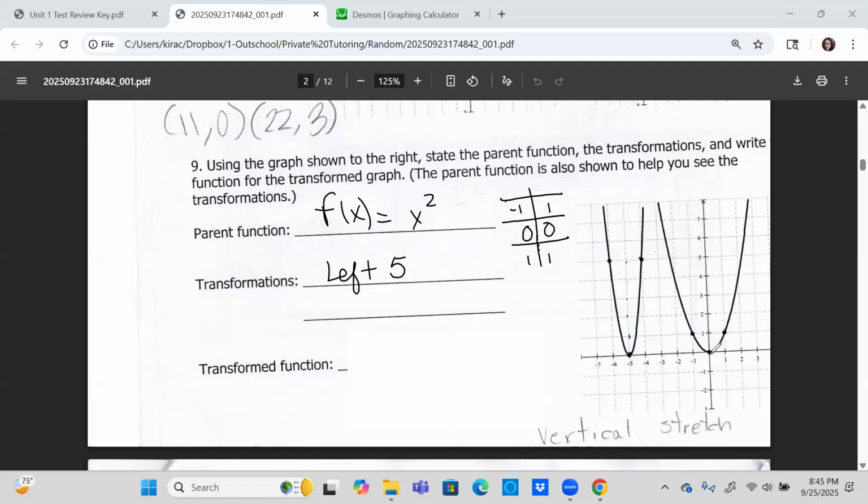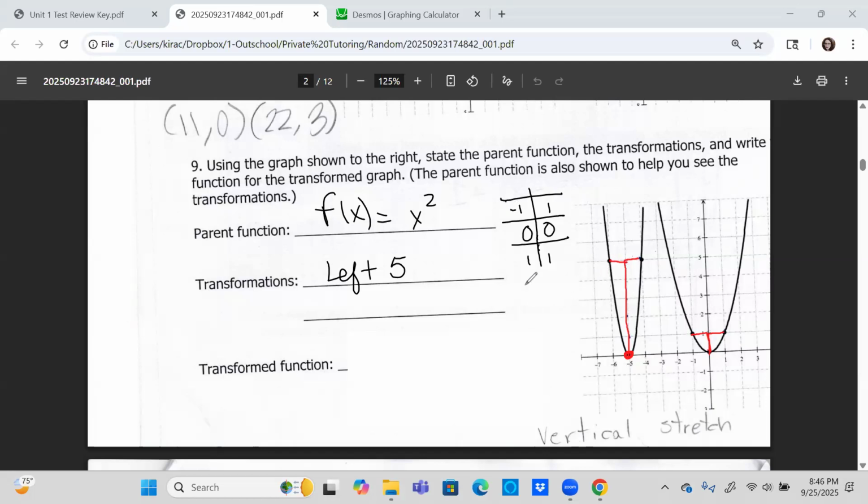So basically, I know it goes up 1 over 1, up 1 over 1 for that first point from the vertex. Here, it looks like we're going up 1, 2, 3, 4, 5 over 1 over 1. So that leads me to think there's a 5 somewhere. Okay. So some stretch factor of a 5.